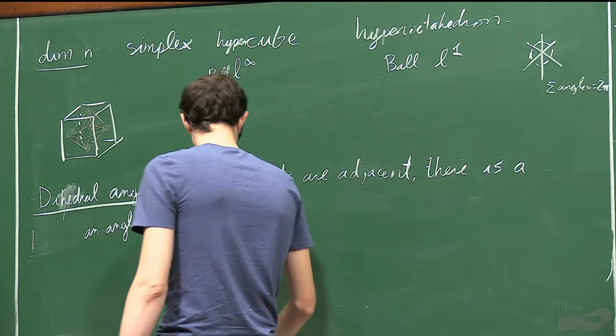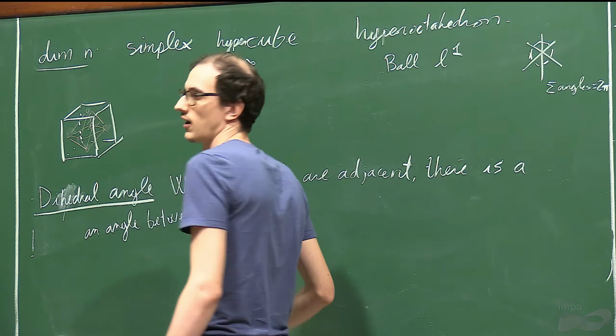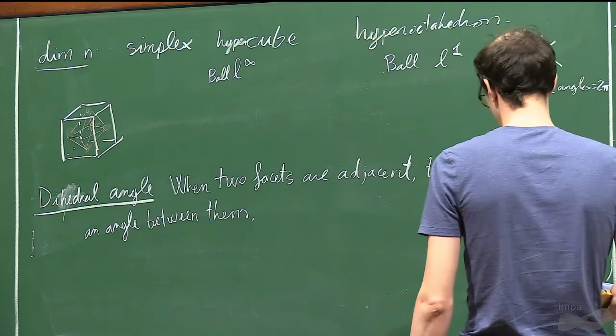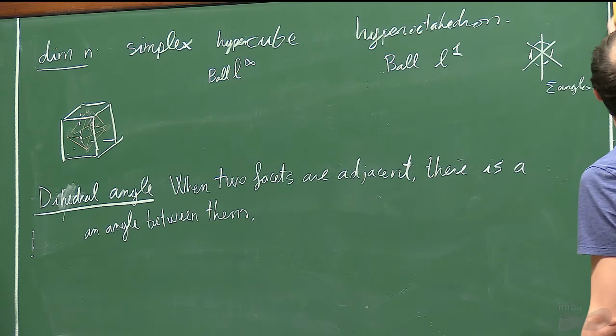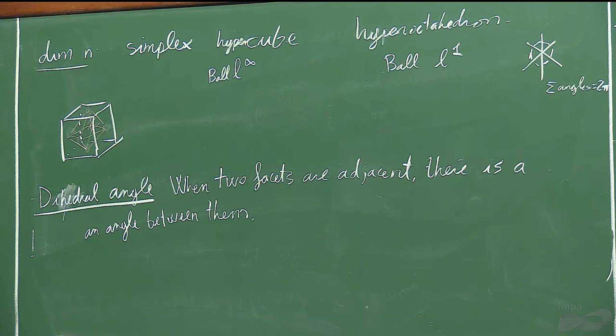So I'll just give a definition, and then we'll have a quick pause. What is a Coxeter polytope?